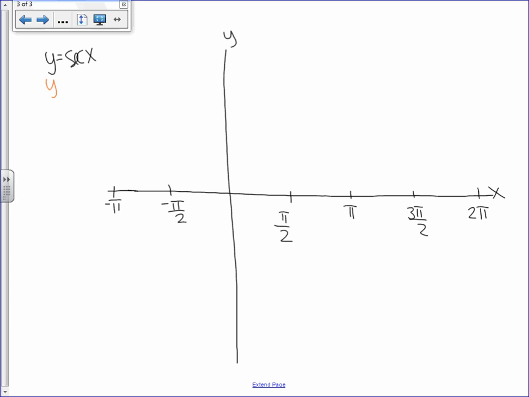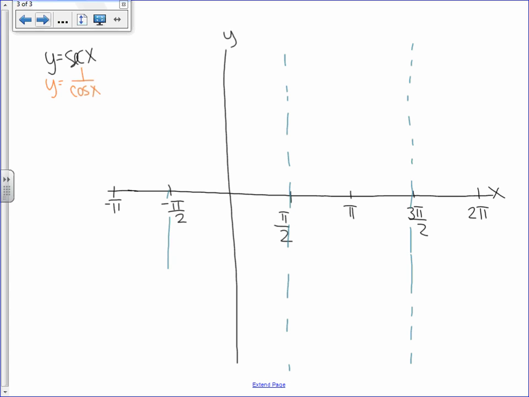Secant is y equals 1 over cosine. So we are going to have asymptotes wherever cosine gives us 0, because that's our denominator. Well, cosine gives us 0 at pi over 2 and 3 pi over 2.